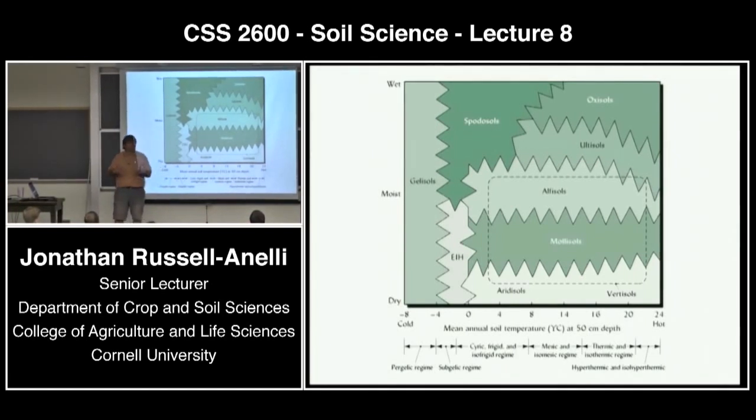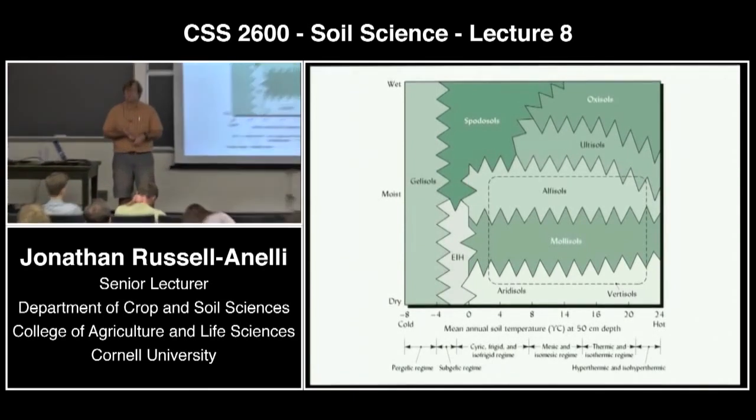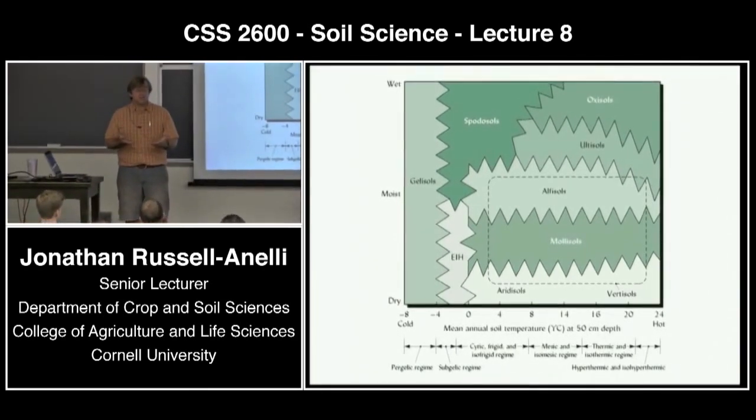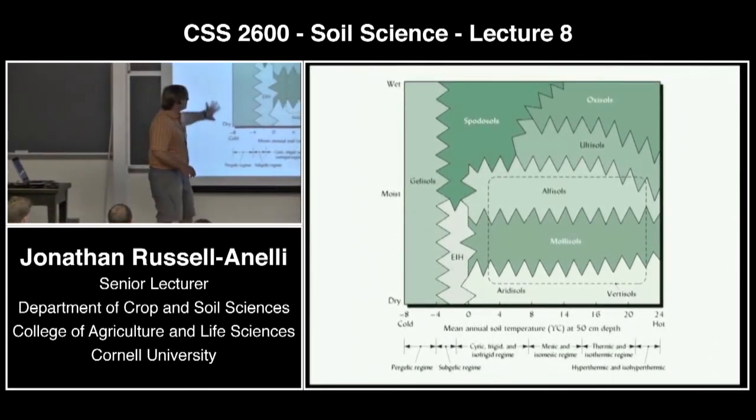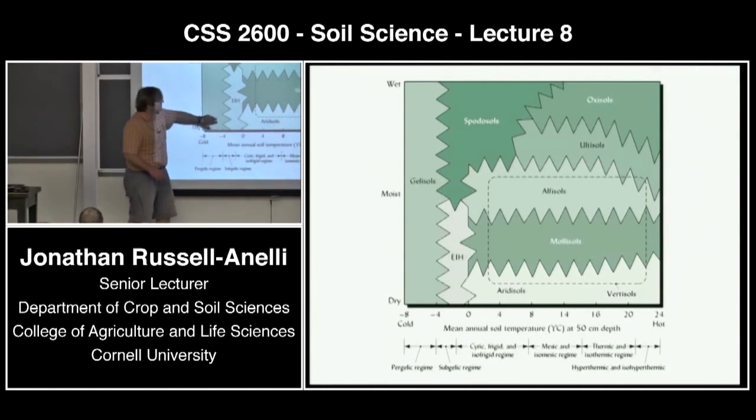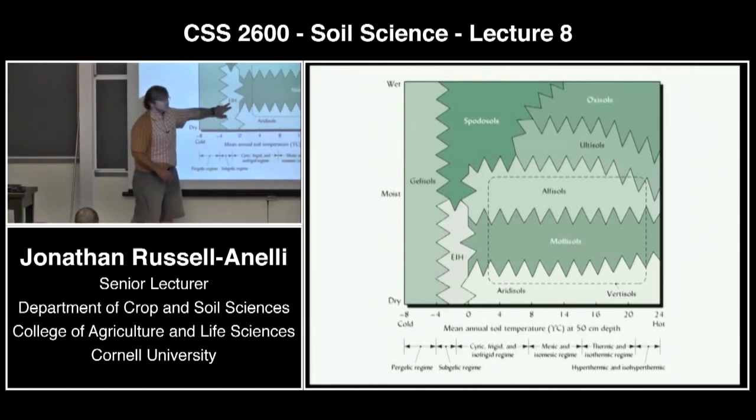On the other hand, let's put the scenario where I have a very poor weathering environment. So cold, dry environment. Not a lot of stuff is going to be happening there. Cold, dry, we've got gelisols. EIH basically means entisols, inceptisols, and histosols. We're looking right in here. Does that make sense? Yeah?